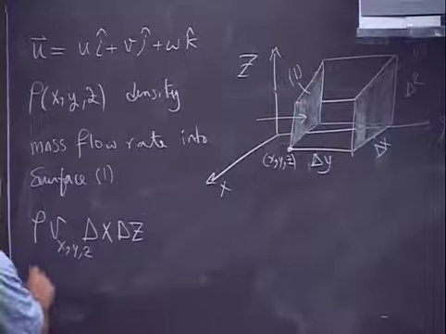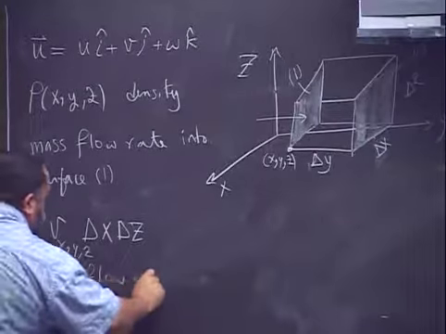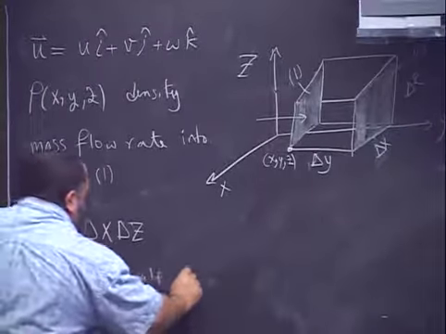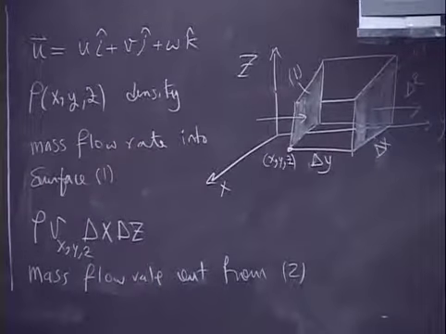So what's the mass flow rate out from 2? The mass flow rate out from here. So it will be what? Can somebody tell me what's the mass flow rate? It will be rho times v at x, y plus dy, and z.